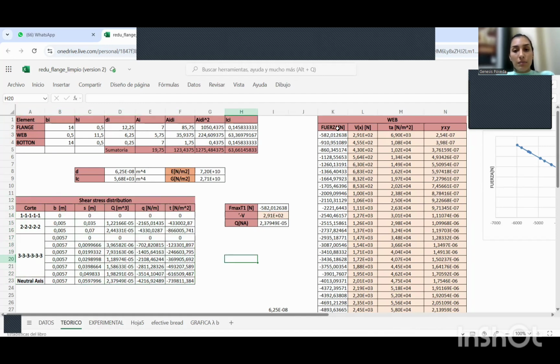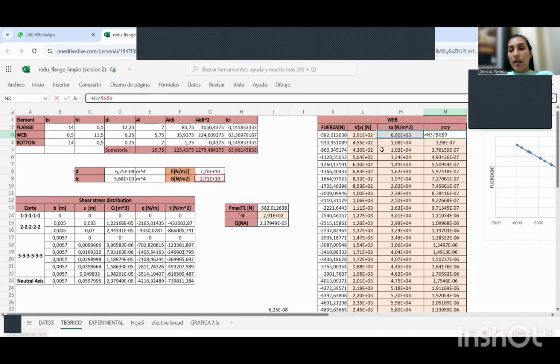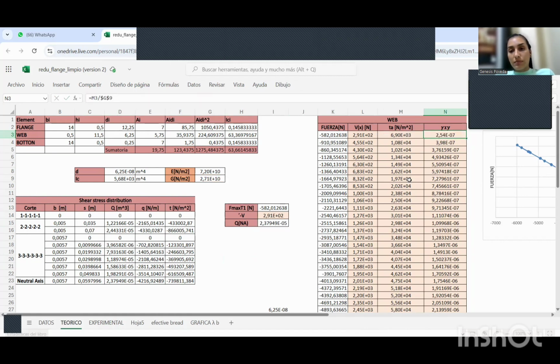Then I'm going to obtain the maximum force, the shear force, and the Q total from the neutral axis. So then we are going to obtain the tau and the shear force from the web, and then we are going to obtain the lambda, that is tau over shear force.